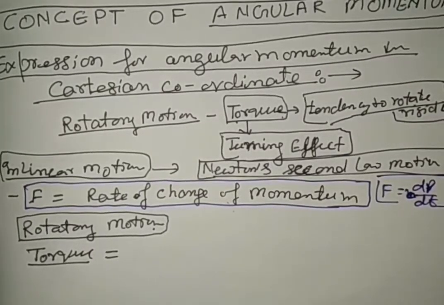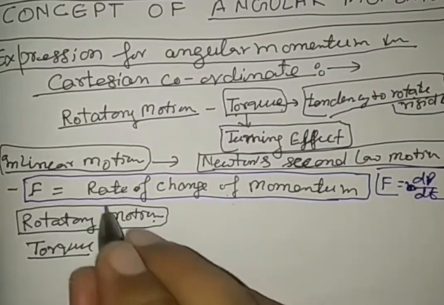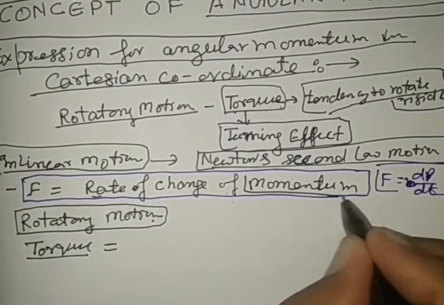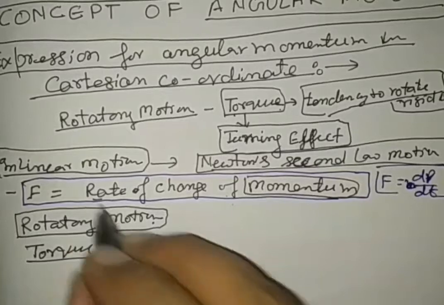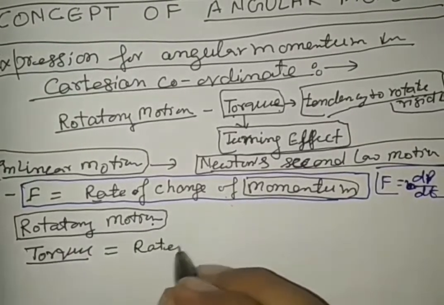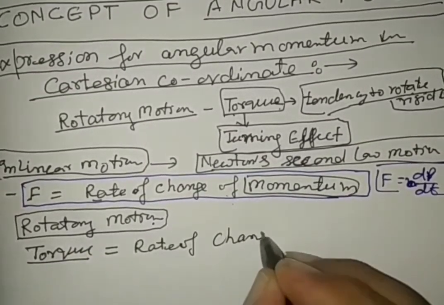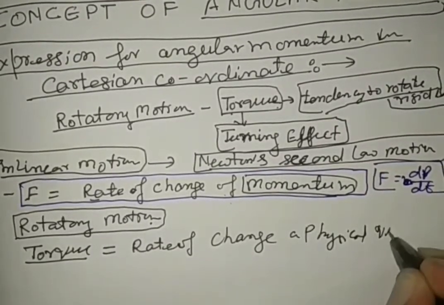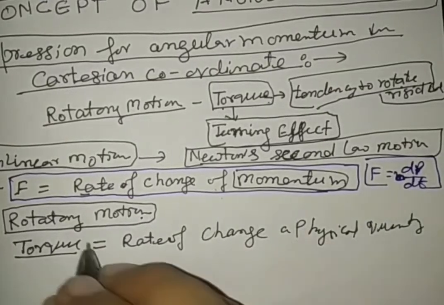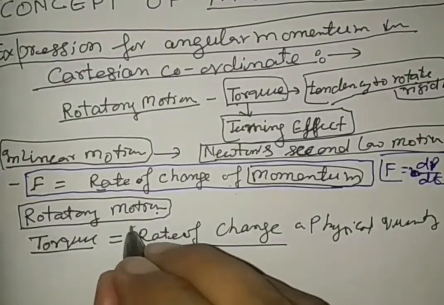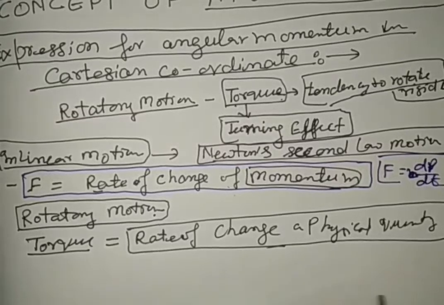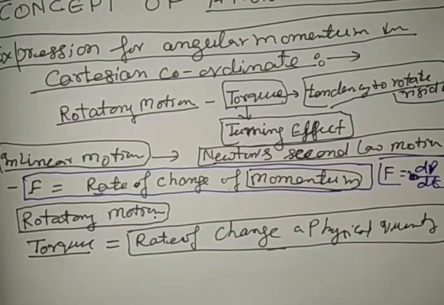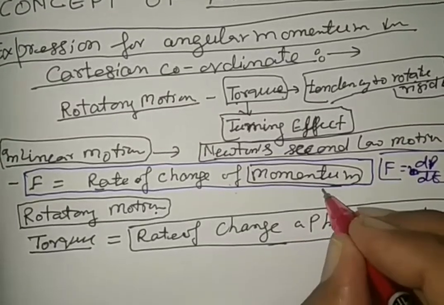This torque is equal to, see very carefully, the same concept is used: the rate of change of some physical quantity. Compare the physical quantity of rotatory motion with the concept of linear motion.